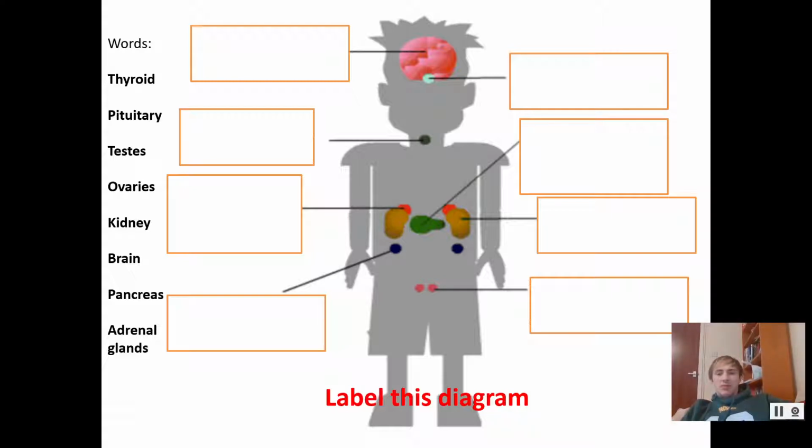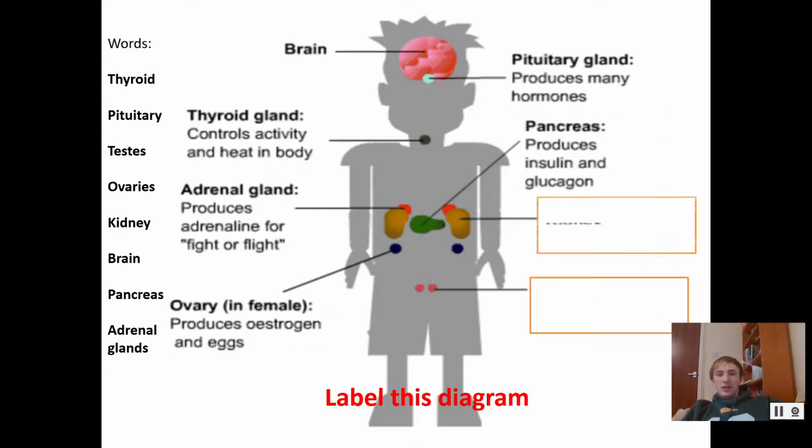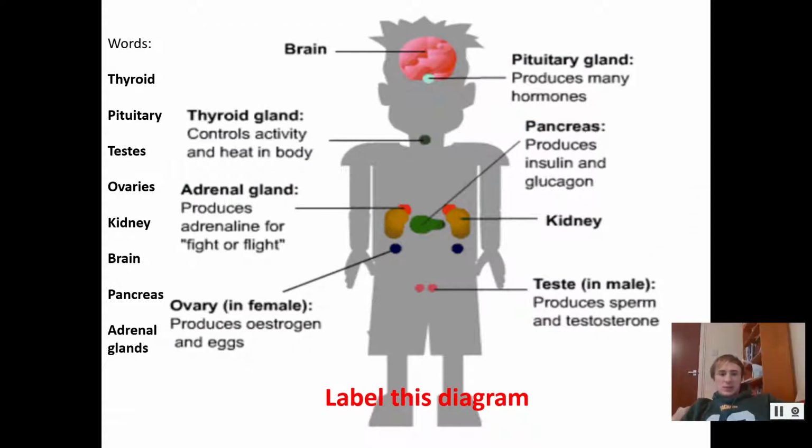G, underneath that, is your kidney. And then H is your testes. So A, brain, B, thyroid, C, adrenal, D, ovary, E, pituitary, F, pancreas, G, kidney, and H, testes. Fine. And I don't know why I said that, because there are your answers.